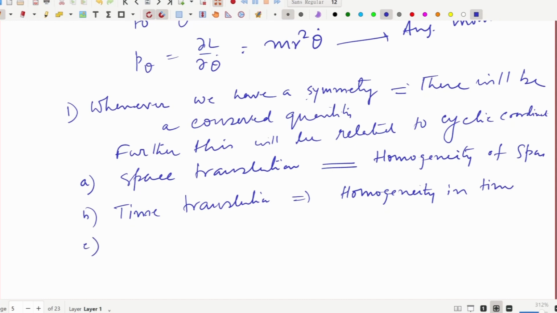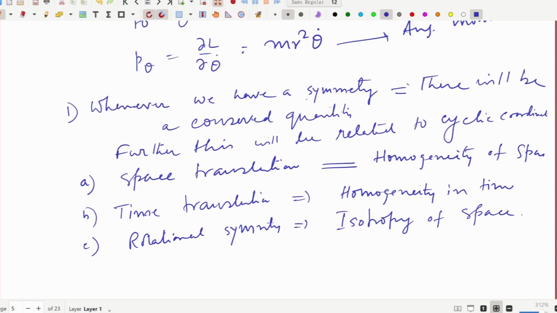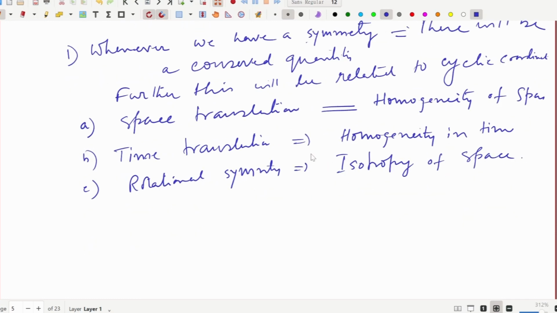Then we have seen the rotational symmetry, which is related to the isotropy of space, and we have seen the corresponding conserved quantities.